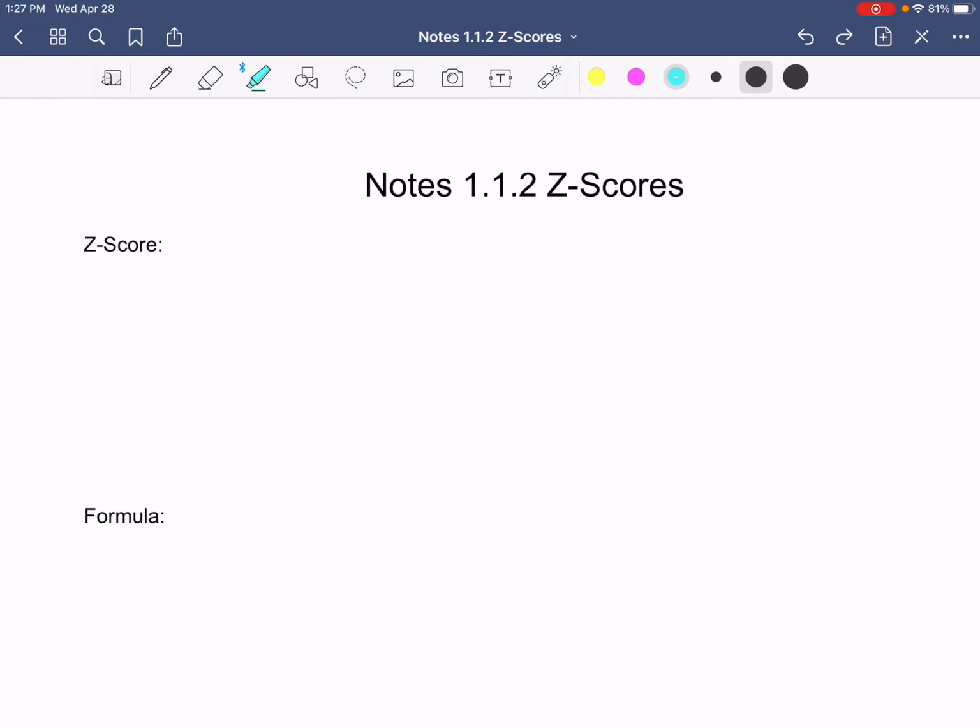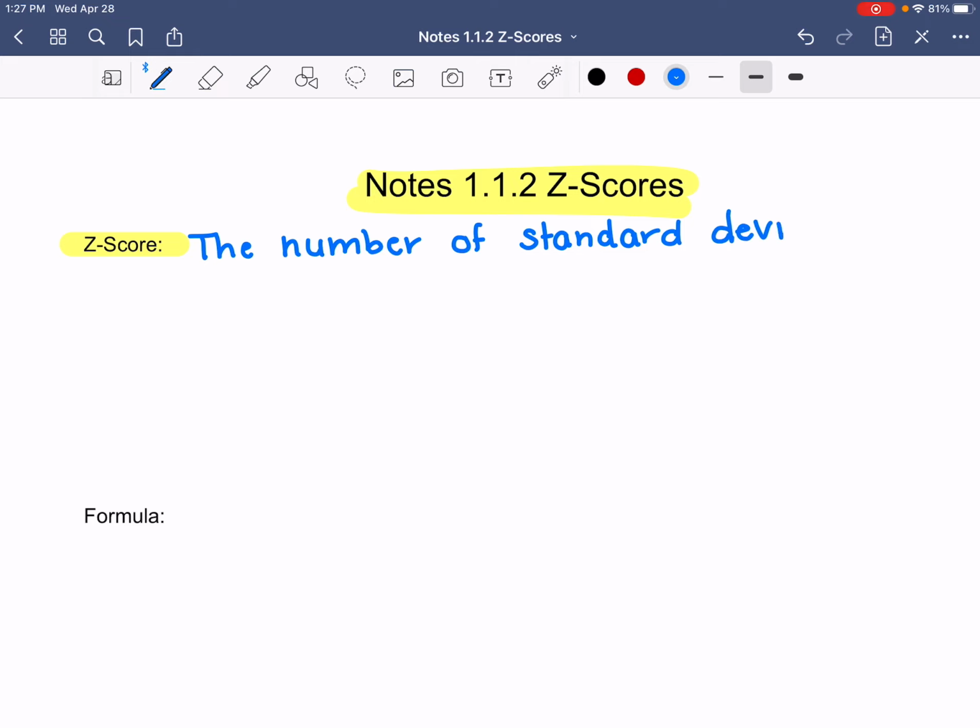Okay, so let's start off with our title, notes 1.1.2, z-scores. So what a z-score is, a z-score is just the number of standard deviations a given value lies away from the mean.